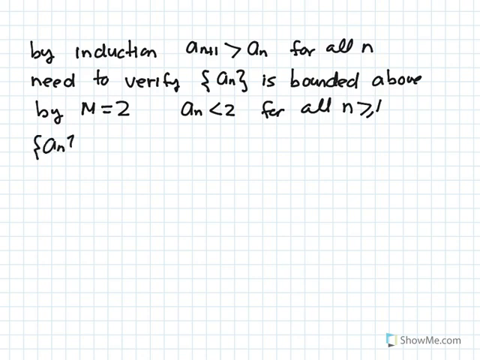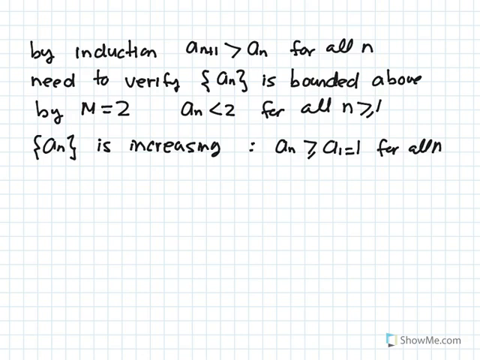So in the first part, we applied induction and we proved that a_n is an increasing sequence. It's monotonically increasing, and if it is increasing, it must have a lower bound. That means a_n is larger or equal to a_1 equals 1, the first term, for all n.